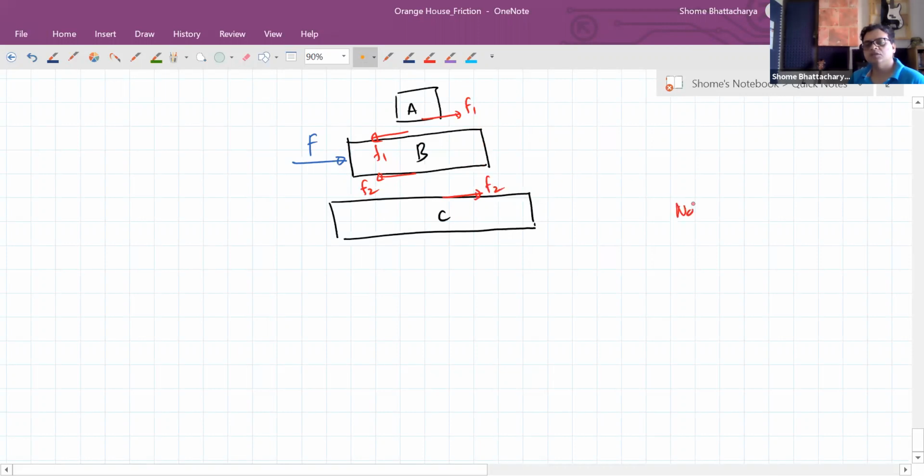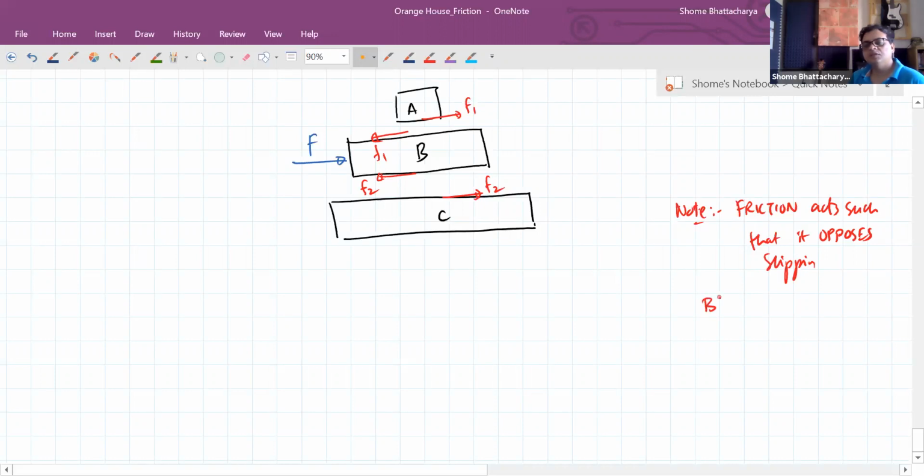So the thing is, friction acts such that it opposes slipping.